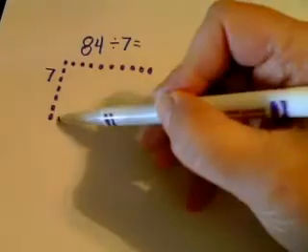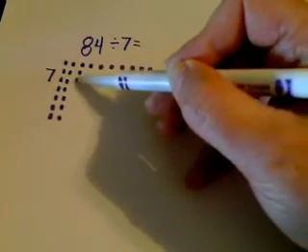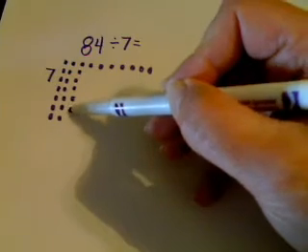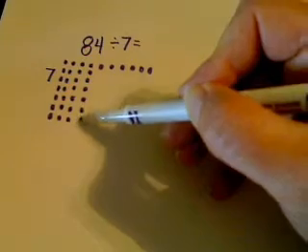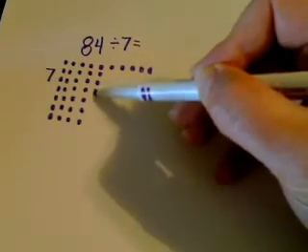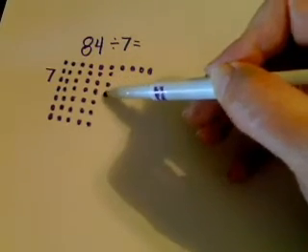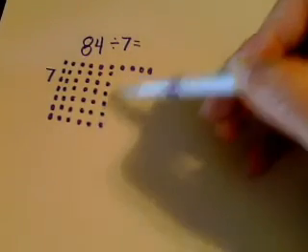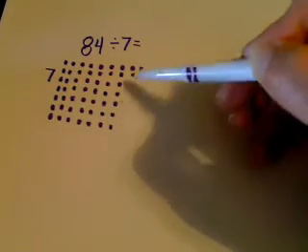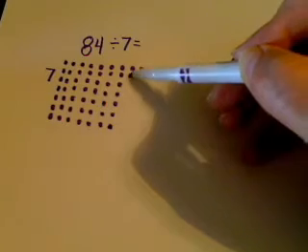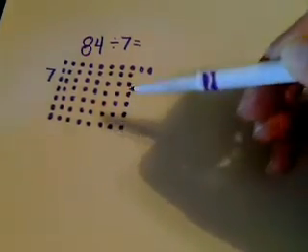So if I fill all this in, there's my second group of 7, my third group of 7, fourth group of 7, fifth group of 7, sixth group of 7.